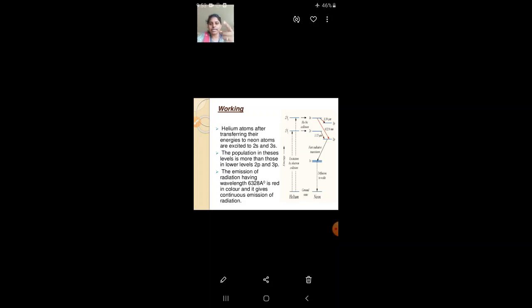We discussed this earlier. Here we take helium neon gas, and this helium neon laser has continuous waves. In the ruby laser they gave pulses, but here the emission is continuous. So here we will see this picture.